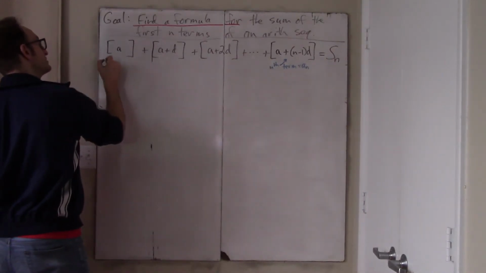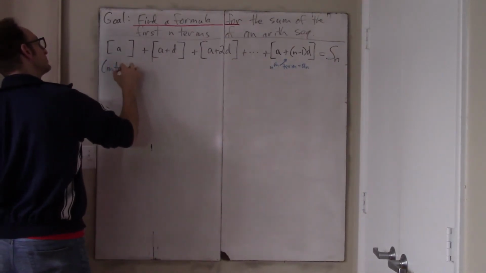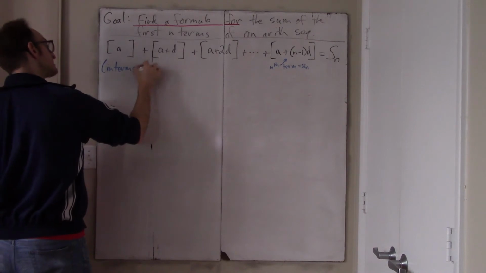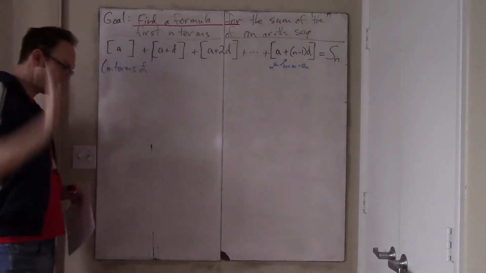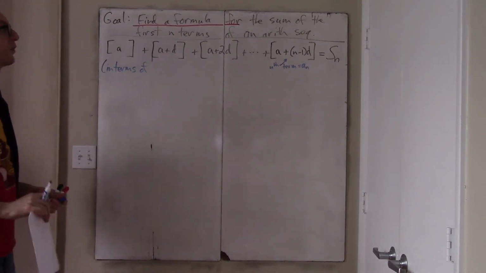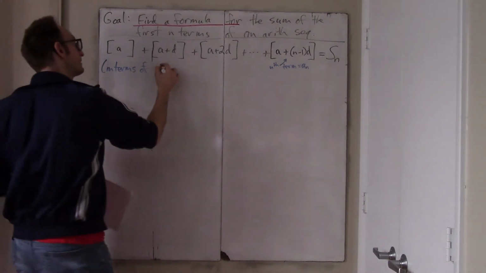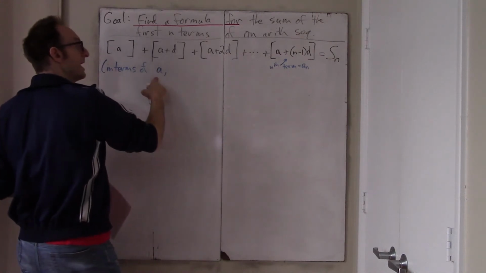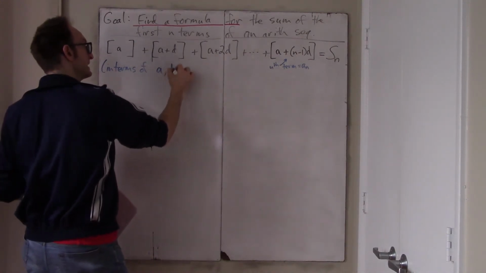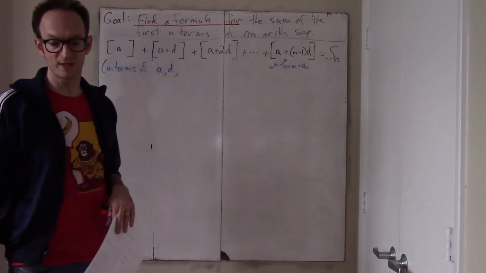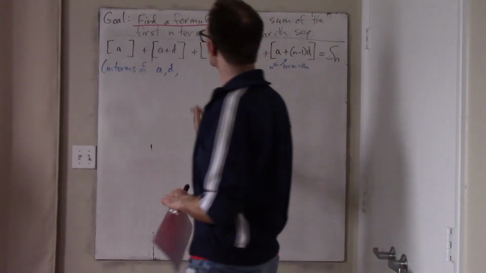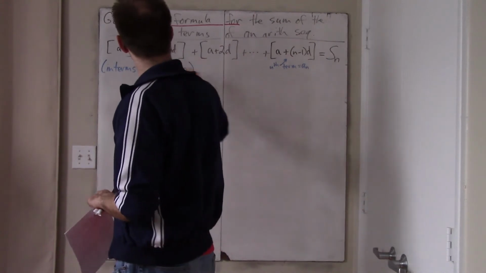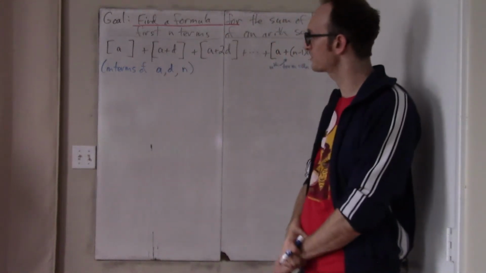And what is that formula going to include? In terms of what? What sort of parameters or inputs are going to be in this formula? Well, you certainly need to give me a, and you need to give me d. Once you tell me the first term and the common difference, that defines the arithmetic sequence. And then you also need to tell me what n is, because after all, we're being asked to add up the first n terms.